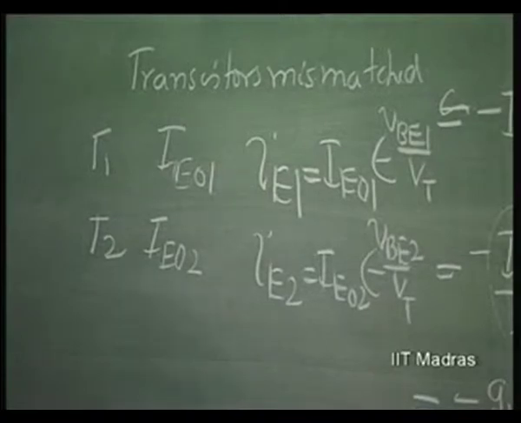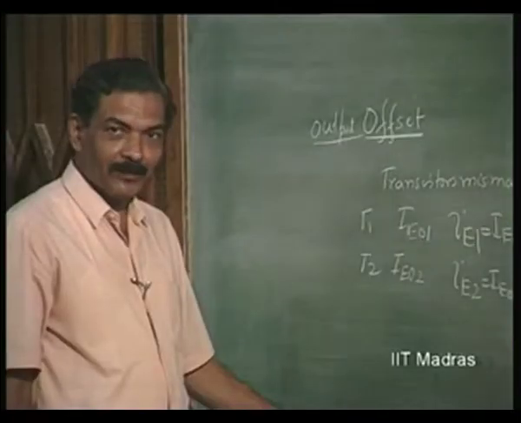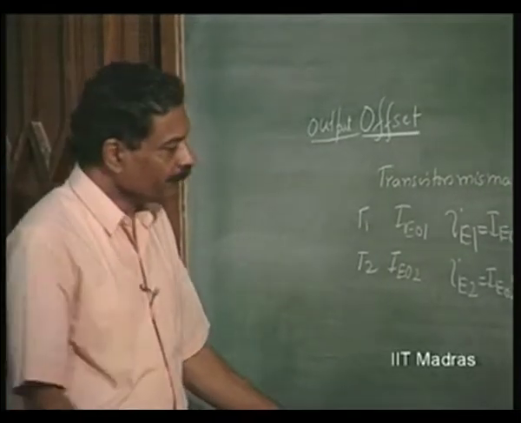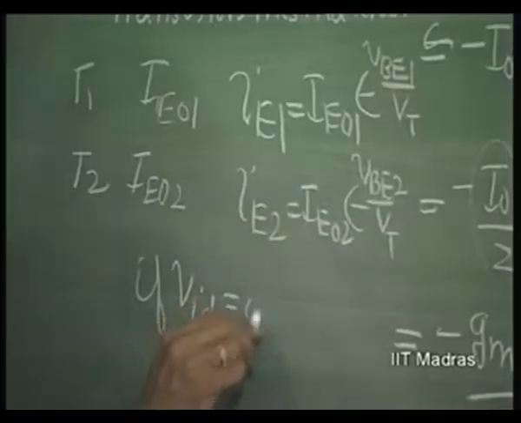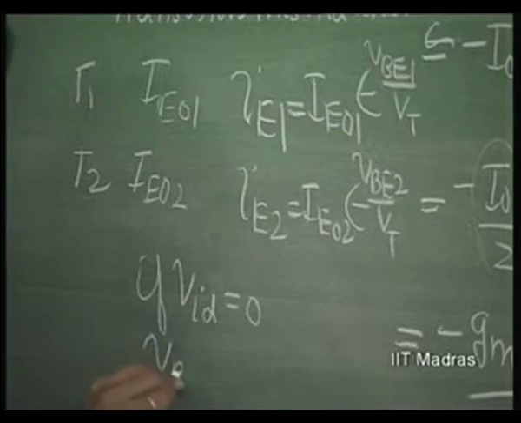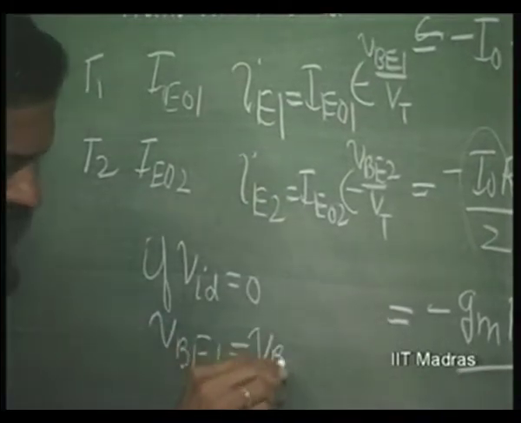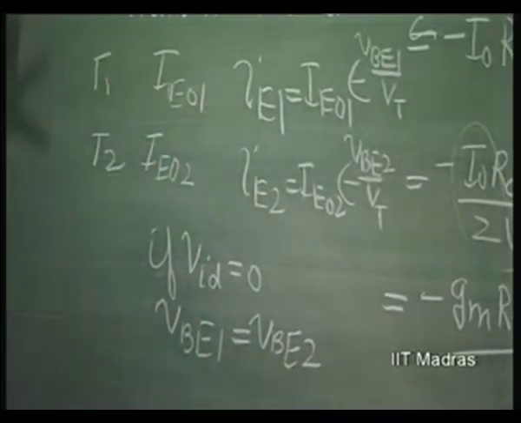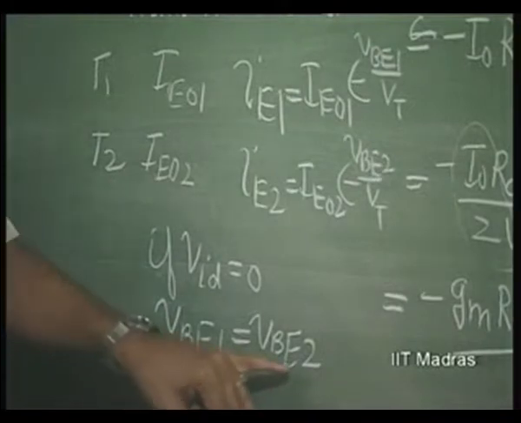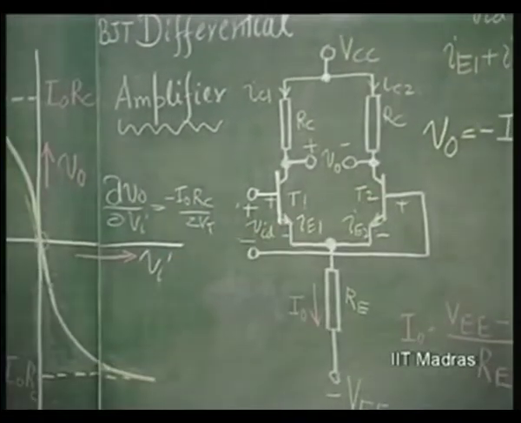So, what will be the ratio of the currents when the input is 0? If VID is equal to 0, then VBE1 is equal to VBE2. Is this clear? If VID is 0, VBE1 is equal to VBE2. If this is shorted, this voltage is always same as this voltage.